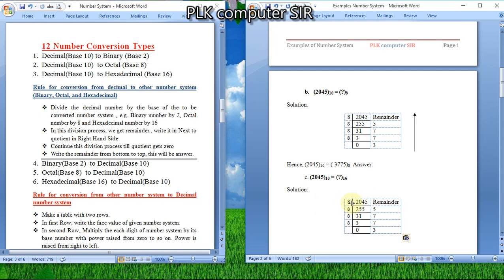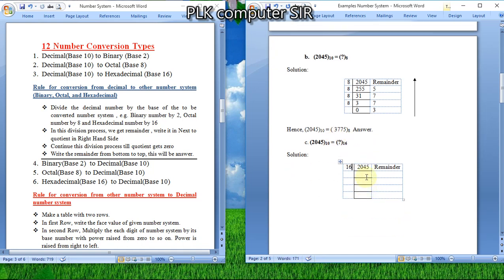Now it is time for hexadecimal. For hexadecimal we divide by 16, so let me delete this one. We divide by 16 because the hexadecimal base is 16. If you divide 2045 by 16, it will come 127.81.